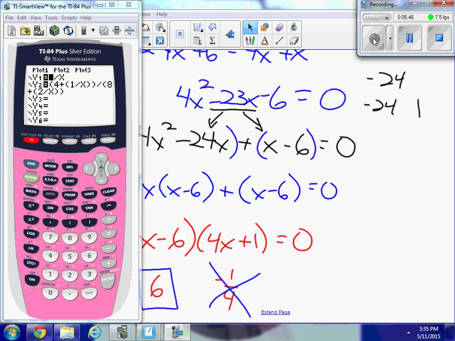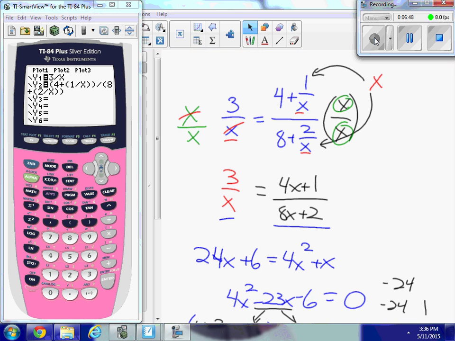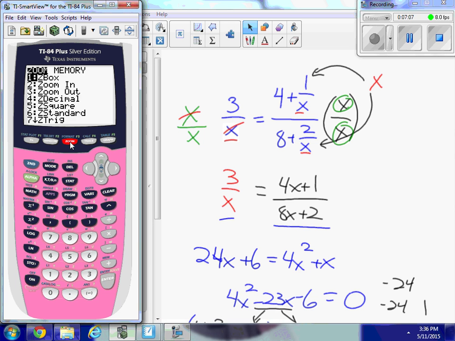So in my original equation, I put my left-hand side, 3 divided by x, as my y1. I put my right-hand side, a little bit complicated. Got to be careful with the parentheses. You can look at how I did the parentheses on this one here, on the right-hand side. And I'm going to go zoom 6.